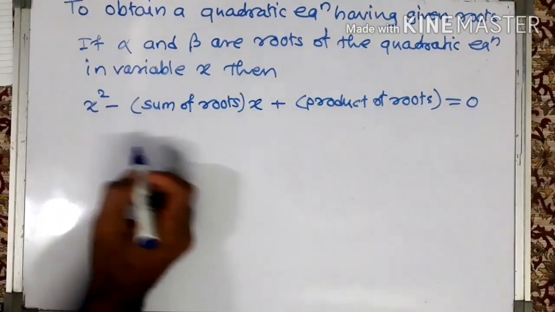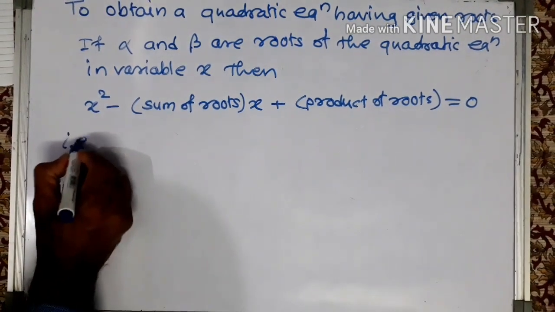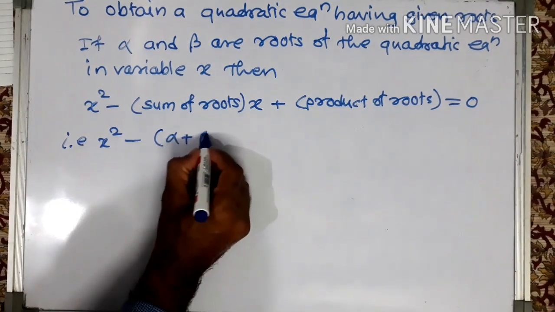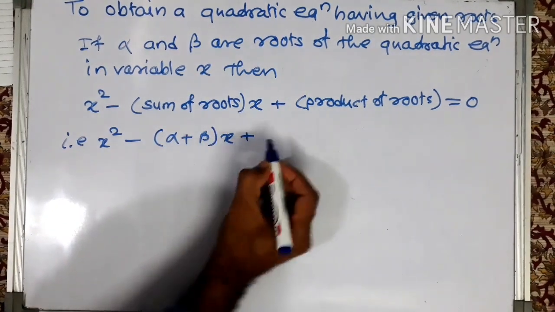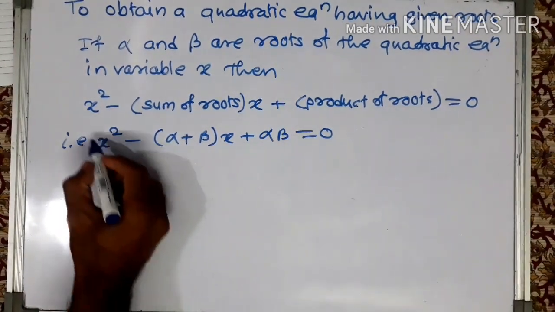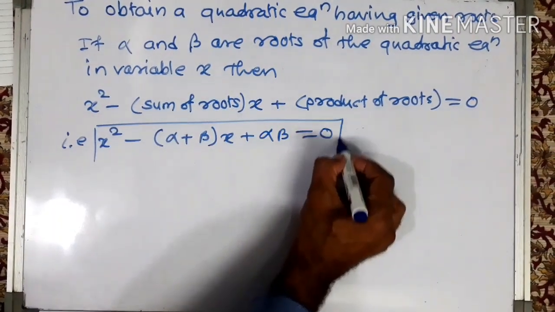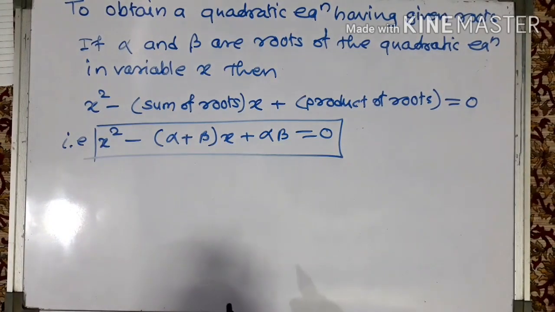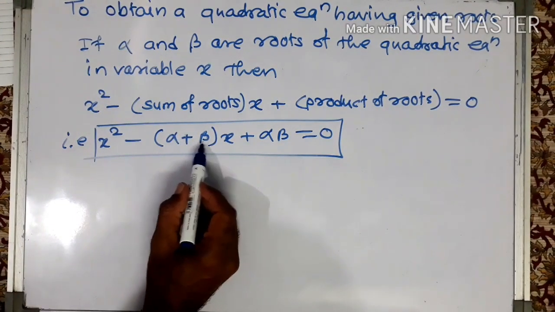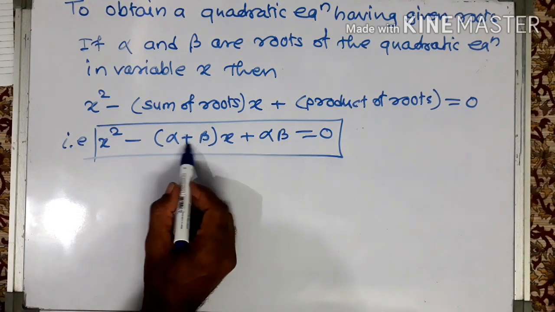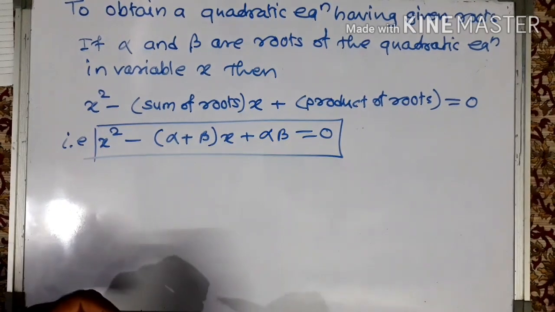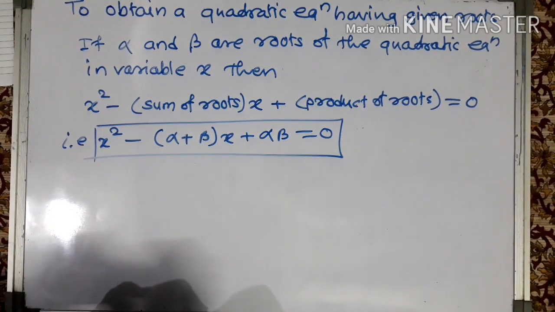Here alpha and beta are the roots, so x square minus alpha plus beta x plus alpha into beta equals to 0. By using that relation, we put here the values of alpha plus beta and alpha into beta. We can find that quadratic equation.